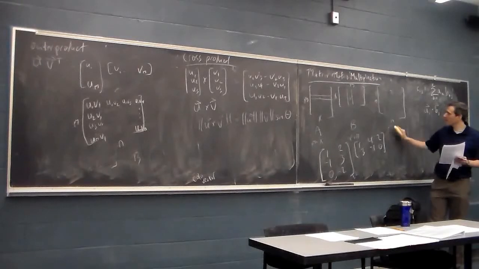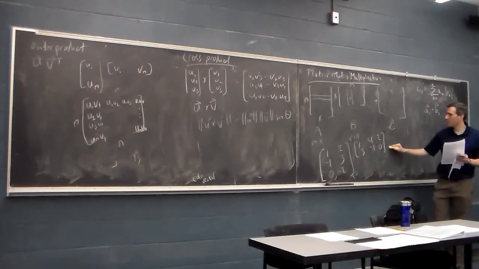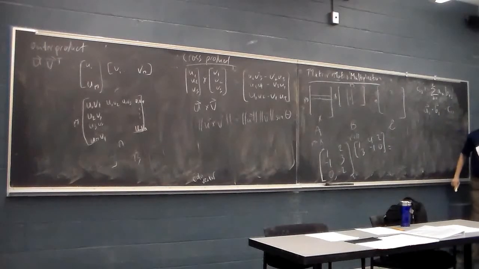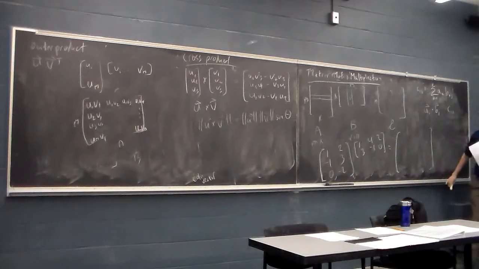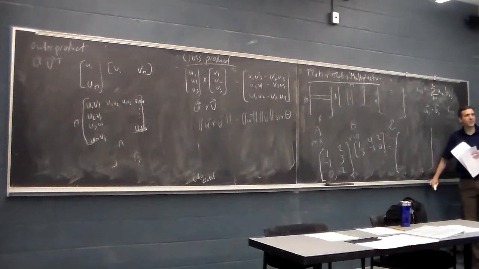And we're trying to find matrix C, which would be the product of those. So to start with, what would the dimensions of matrix C be? Yeah, it would be a 3 by 3 matrix. So let's take the first element, element C1,1. How would we compute that?